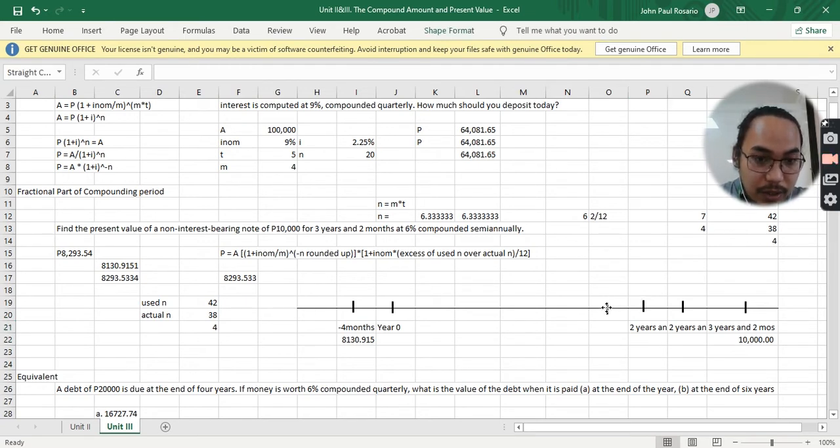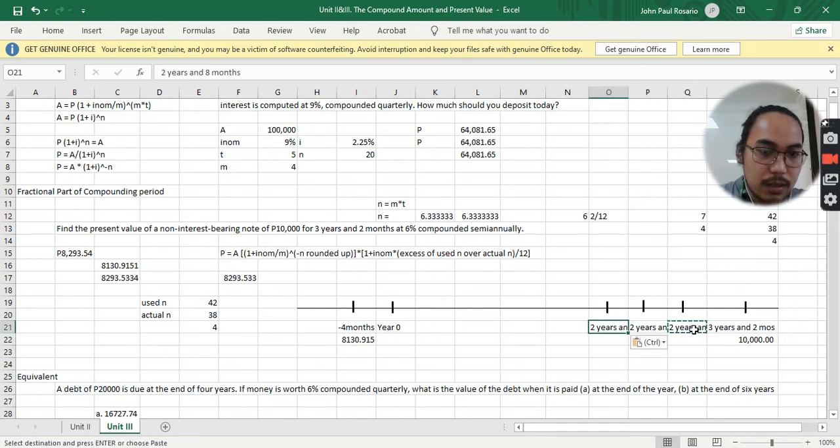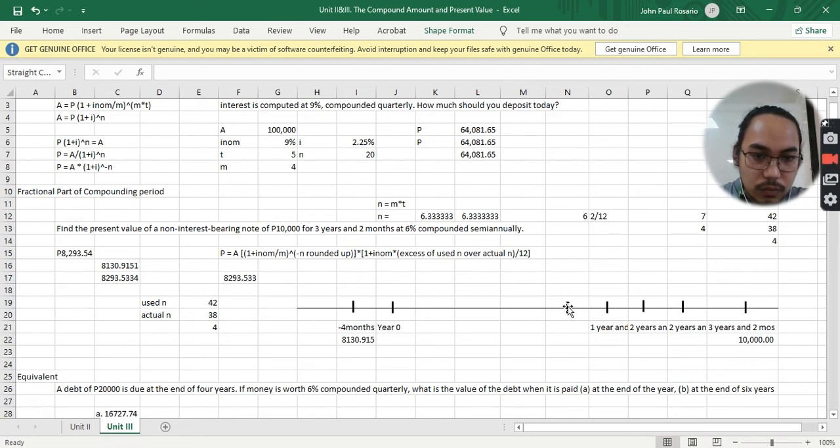This is our third movement backwards. So 2 years and 2 months minus 6 months, that should give you 1 year and 8 months. Okay, and then another 6 months backwards. That should give you 1 year and 2 months.